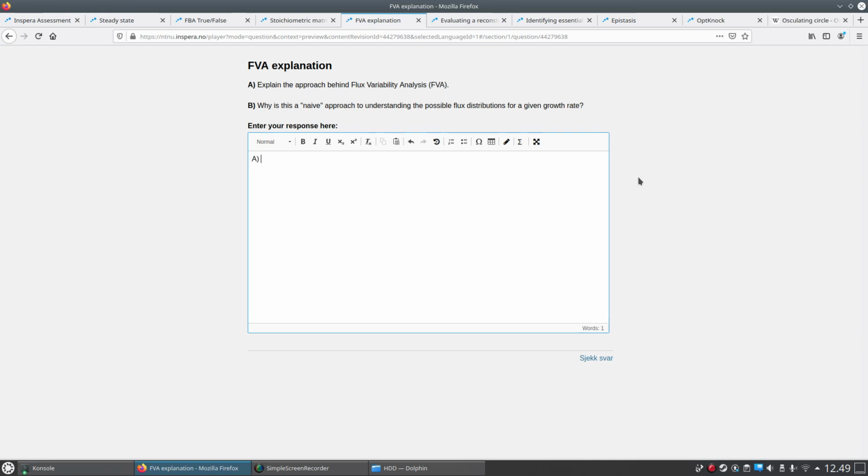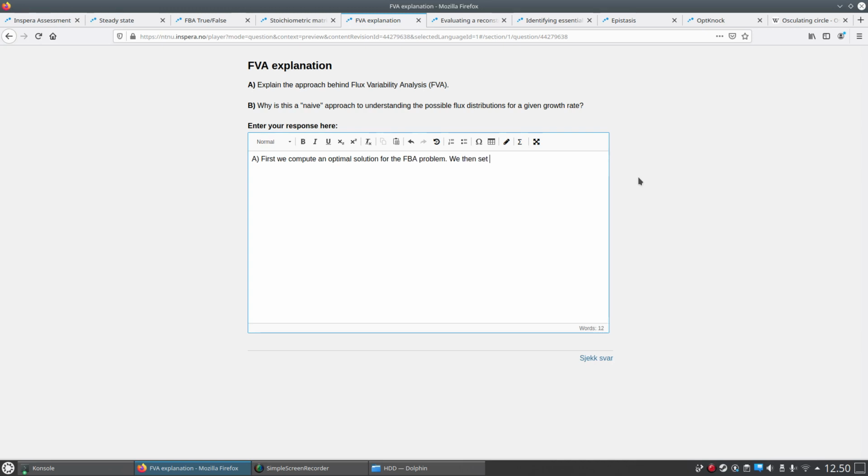And so it's often useful to try to chart which fluxes correspond to any sort of variability in optimal solutions. And so one way we can do that is through FVA. With FVA, what we do is first we compute an optimal solution for the problem.